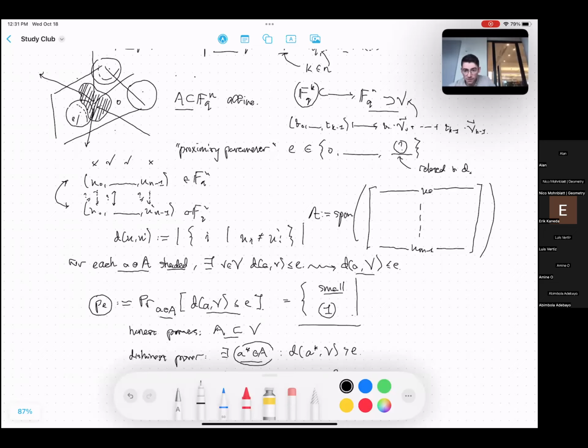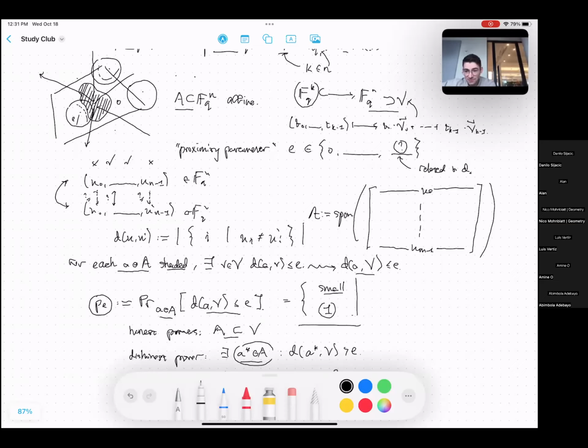But the soundness question gets answered by the proximity gap, because what the proximity gap shows is that the condition I care about is whether the whole space is close, but what I end up checking as a proxy is whether a random point is close. And what the proximity gap says is that the closeness or farness of a random point is a good proxy for the closeness or farness of the farthest point.